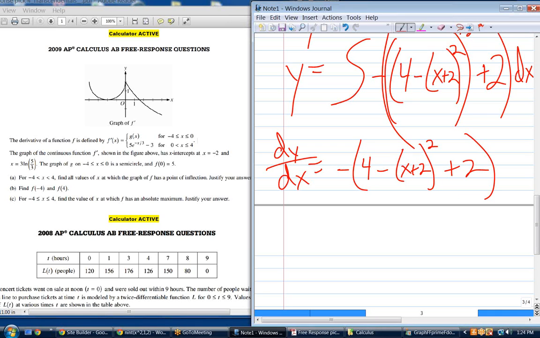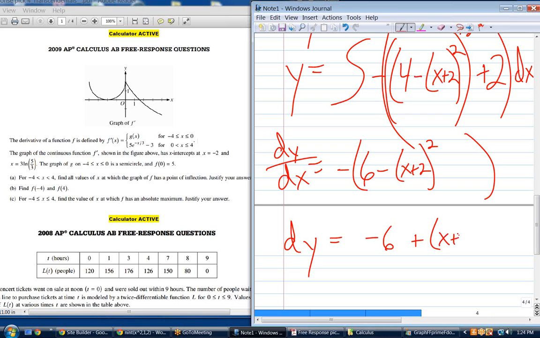So I'm going to separate the variables and then integrate both sides. Well, one thing I can do right away is take the 4 plus 2 and make that 6. I hope I didn't lose a sign here. Now, it's really not as tough as I thought. Let's solve for dy. dy equals this whole thing, which is minus 6 plus (x plus 2) squared.